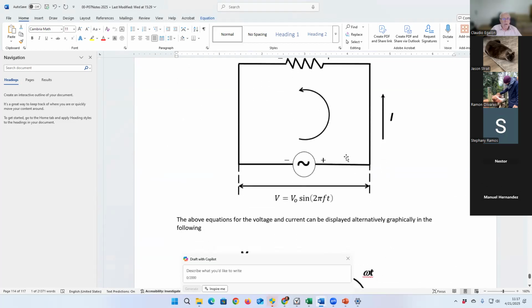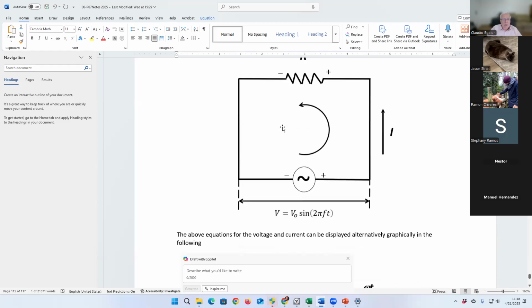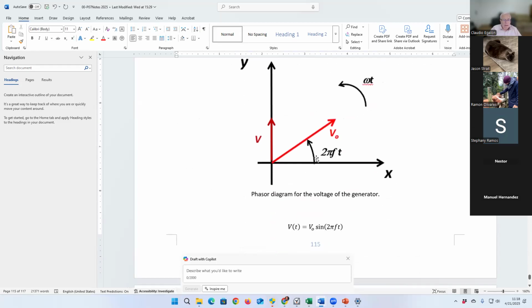You go ahead, you start at this point, you cross the generator, you get V naught sine 2 pi ft, and go through the resistor. We're going from positive to negative at this instant of time. Consequently, we have minus VR, right? Let's do that. I didn't do that before.